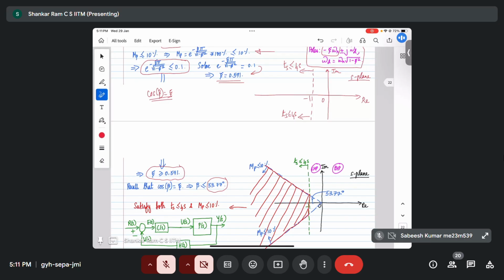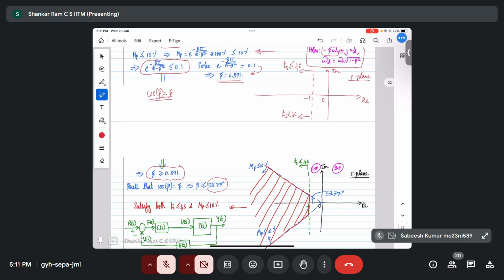So if this angle beta is less than 53.77, then our peak overshoot condition is satisfied. So I hope this exercise tells us how to convert a physical constraint on peak overshoot to a mathematical constraint on parameters that you and I have encountered, right?